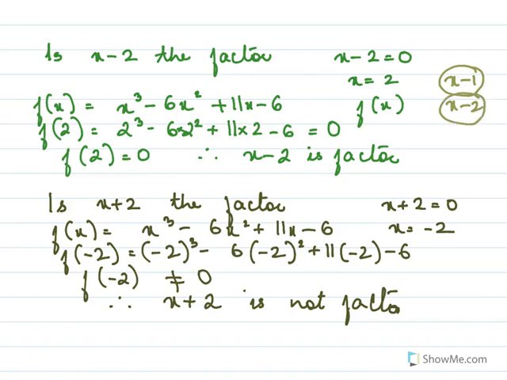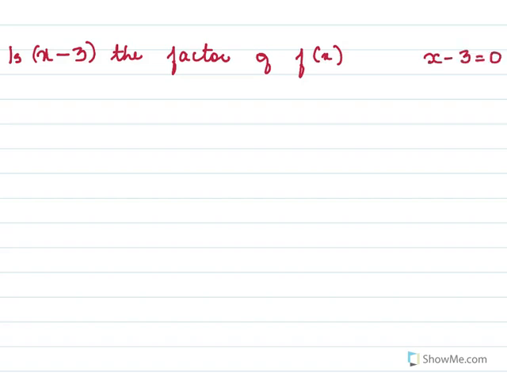Now we go to the third step. Now we'll see, is x minus 3 a factor of f of x? So for this, x minus 3 equal to 0, x equal to 3. We have f of x equal to x cube minus 6x square plus 11x minus 6.